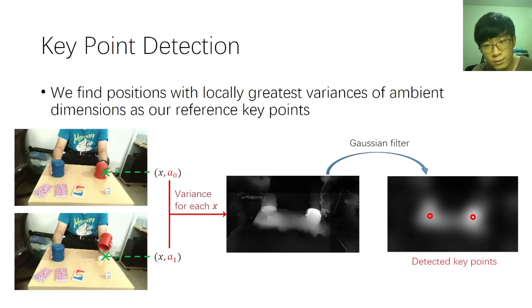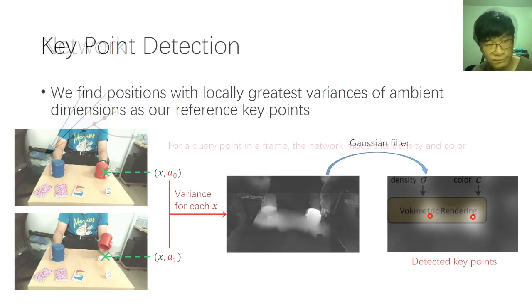So for every point X, we compute the variances of its A during the whole sequence, and select the points with significant dynamics as our initial reference key points. Specifically, we use a Gaussian filter and select the positions with the locally greatest variances as our reference key points.